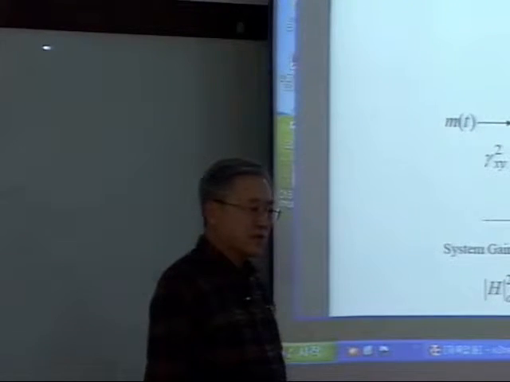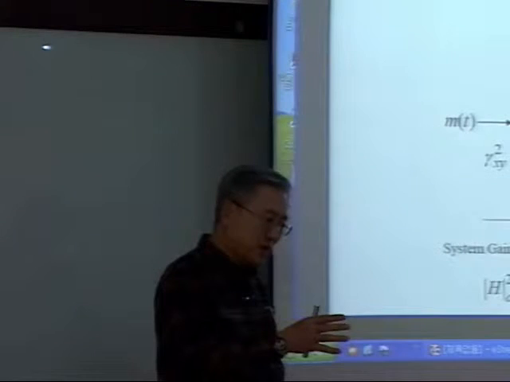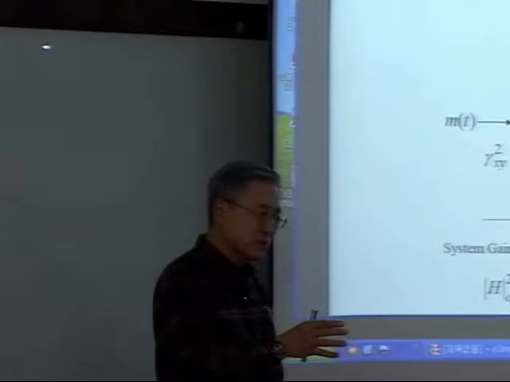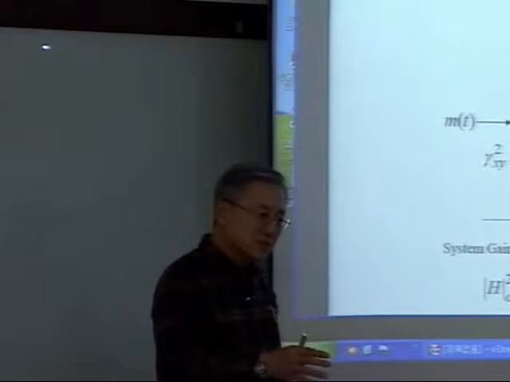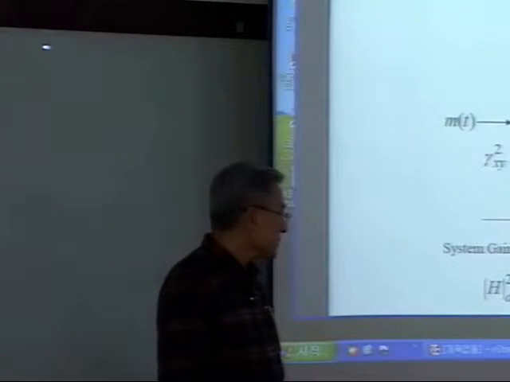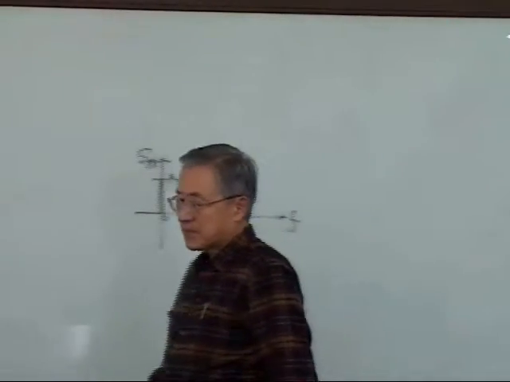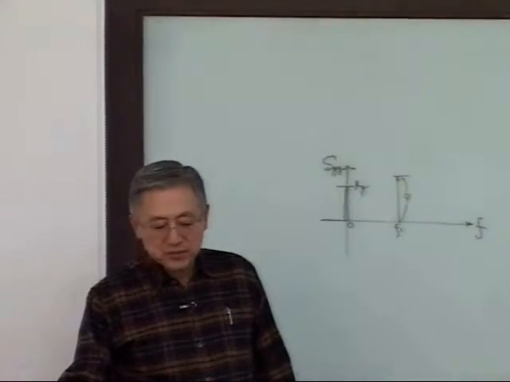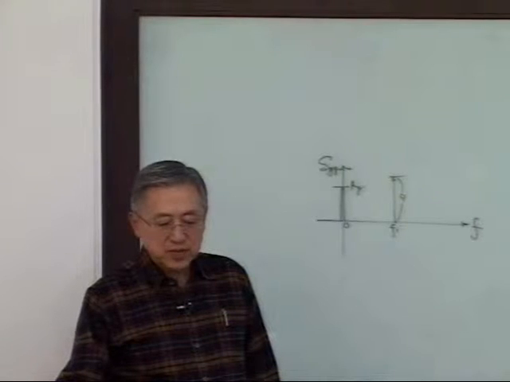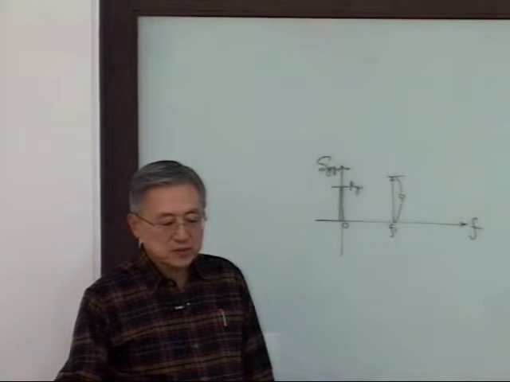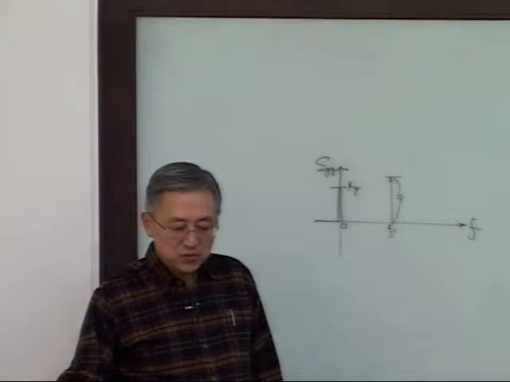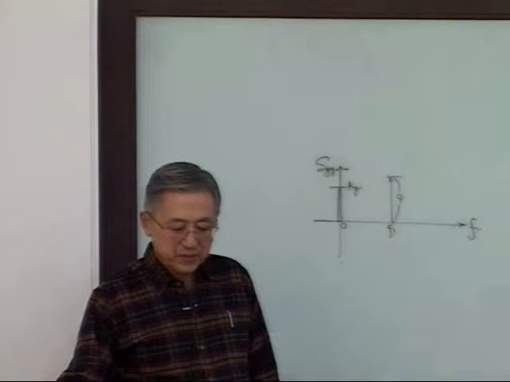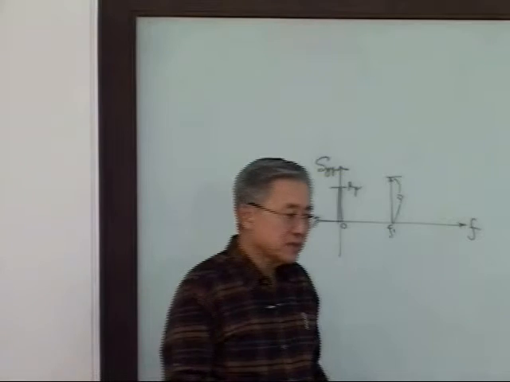There's a gain factor, the system gain factor, the magnitude. And another quantity for H is the phase. If you know the magnitude and phase, then you can always go back and forth from time domain to frequency domain. You remember this, right?